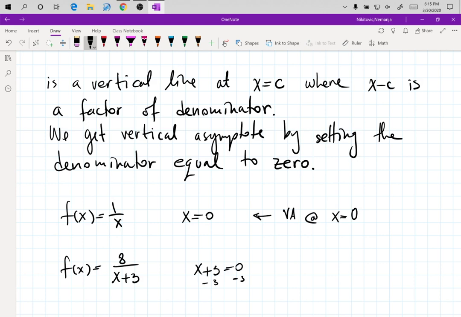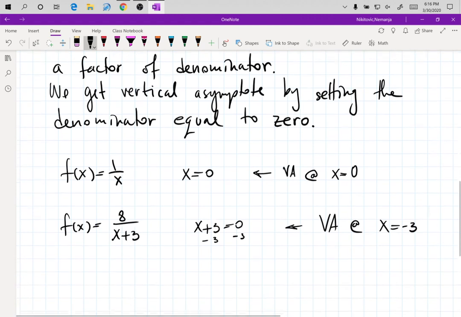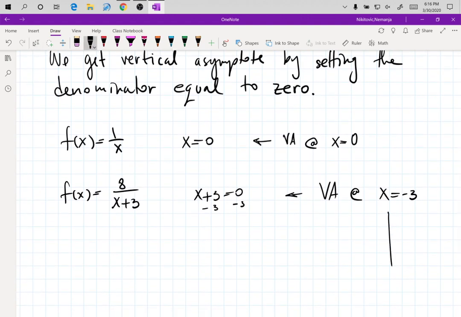Take away 3 on both sides. We get that the vertical asymptote is at x equals negative 3. And you can graph that vertical asymptote because it's a vertical line, right? You will go out to negative 3, and you will draw a vertical line that would be the barrier for the function to follow.